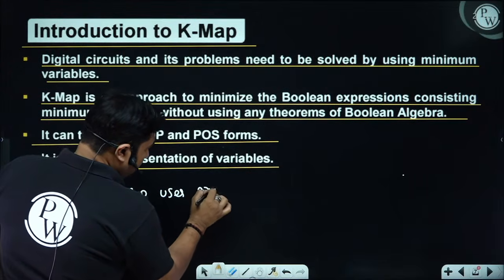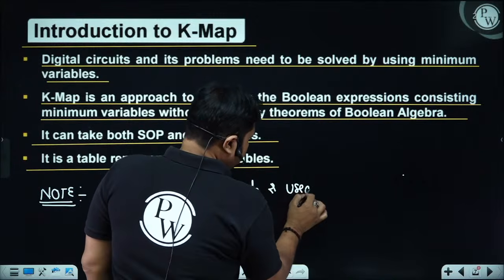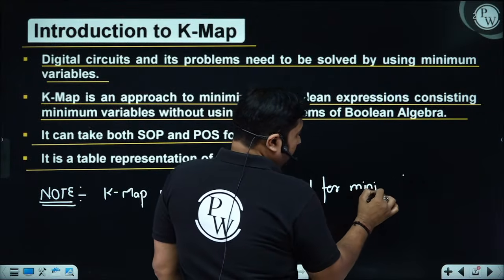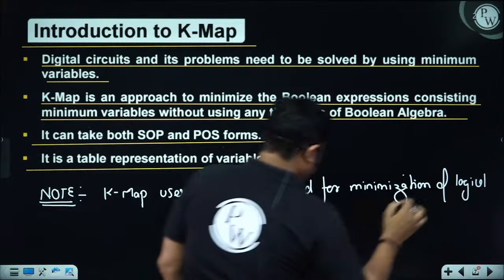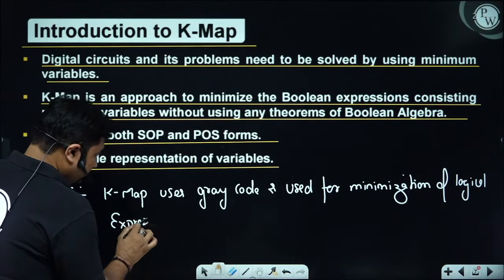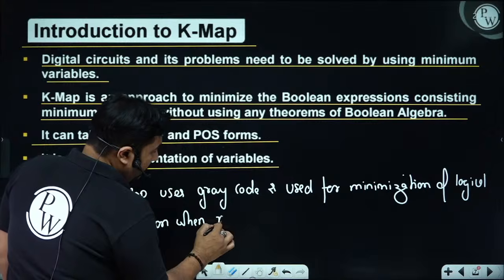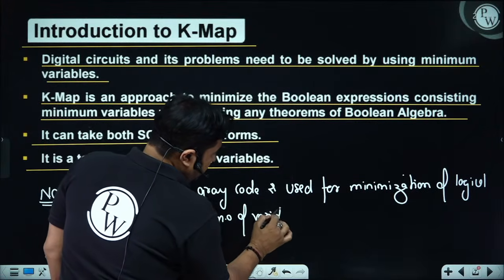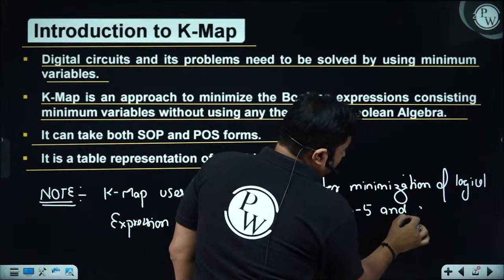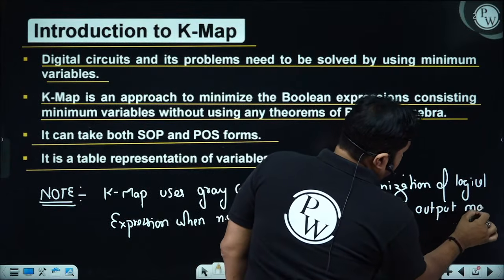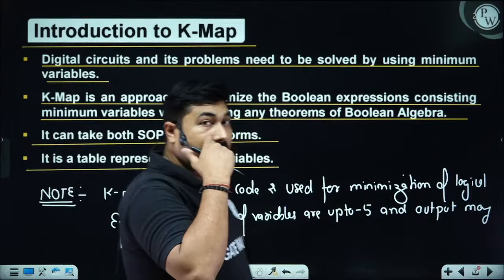K-map uses gray code and is used for minimization of logical expressions when the number of variables is up to 5, and output may be 0 or 1.